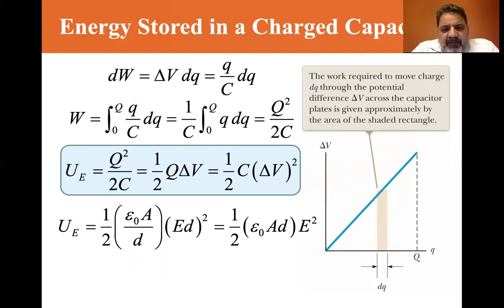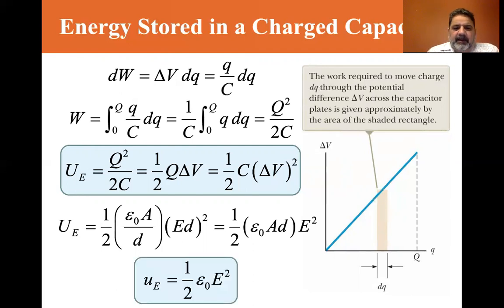So you have 1/2 epsilon 0 AD times the electric field squared. So the energy density, U sub E, is equal to 1/2 epsilon 0 E squared.